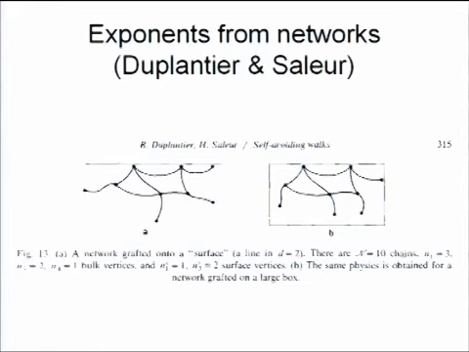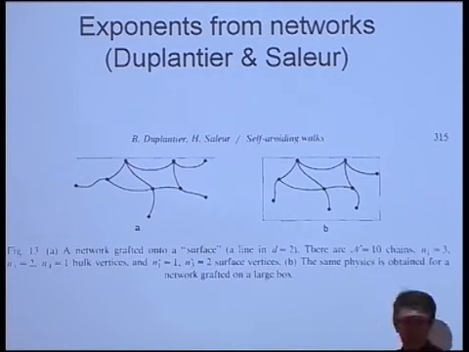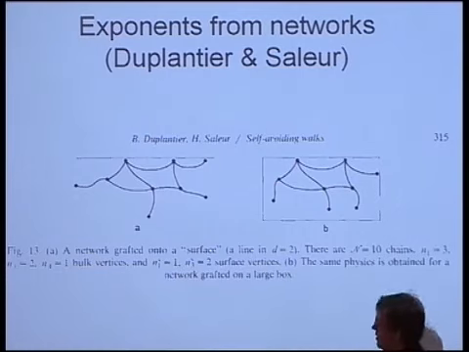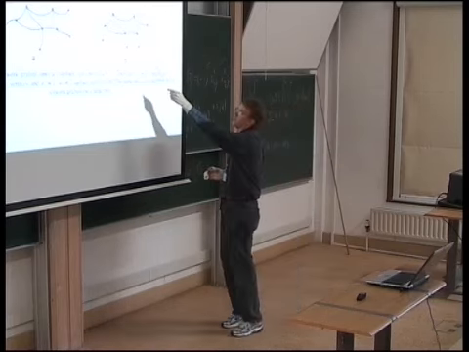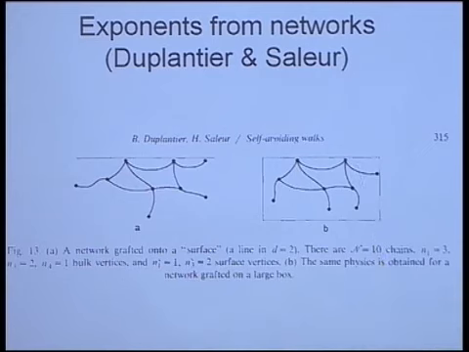Okay, so this is related to other work on understanding multiple strand networks. This picture is taken from a paper of Duplantier and Saleur, and what they're looking at here is exponents associated with certain networks, and in this case, they're boundary vertices attached to the boundary, and the other vertices in the interior.